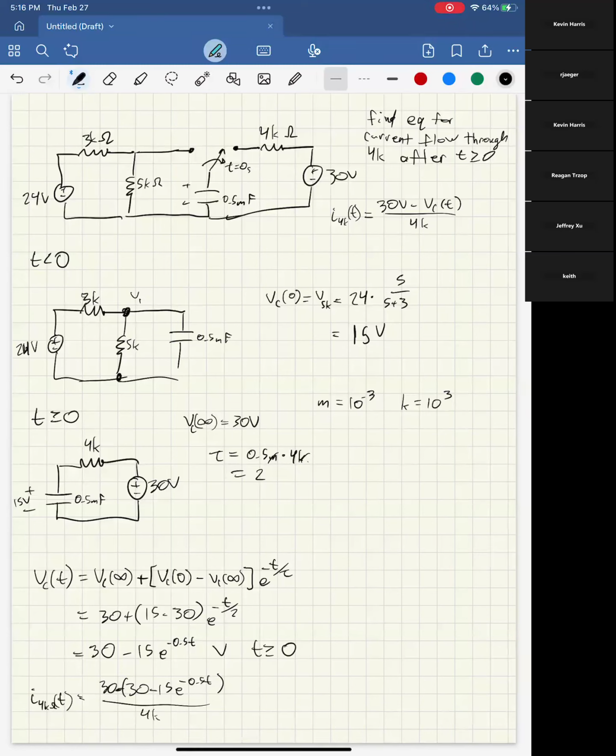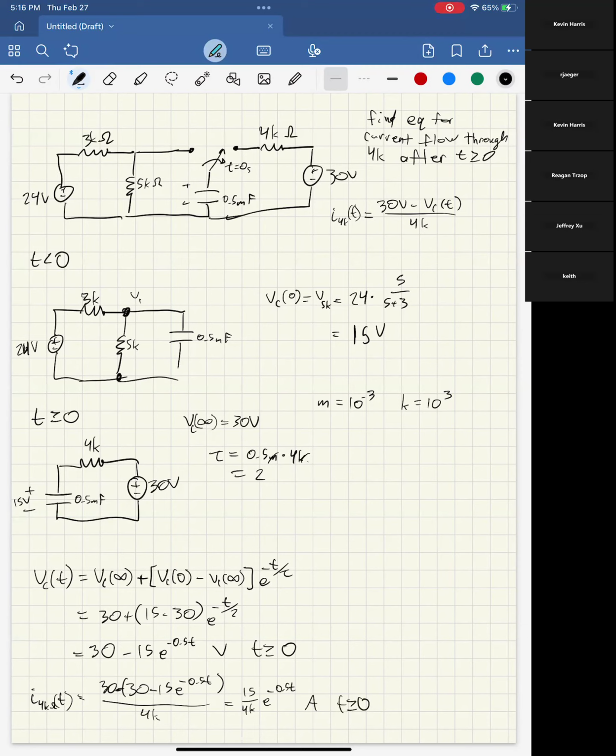The minuses will cancel and the 30 goes away, and we get 15 over 4k e to the negative 0.5 t amps for t greater than or equal to 0.